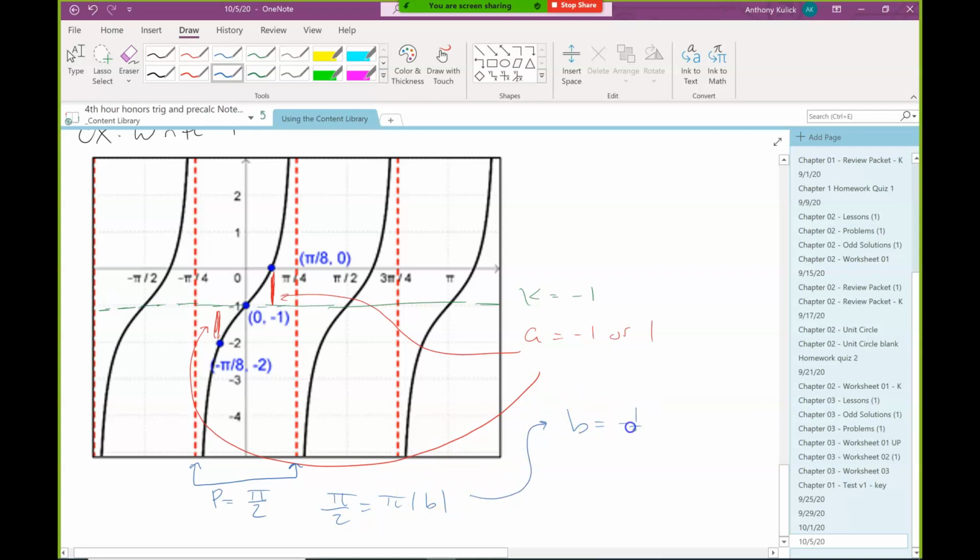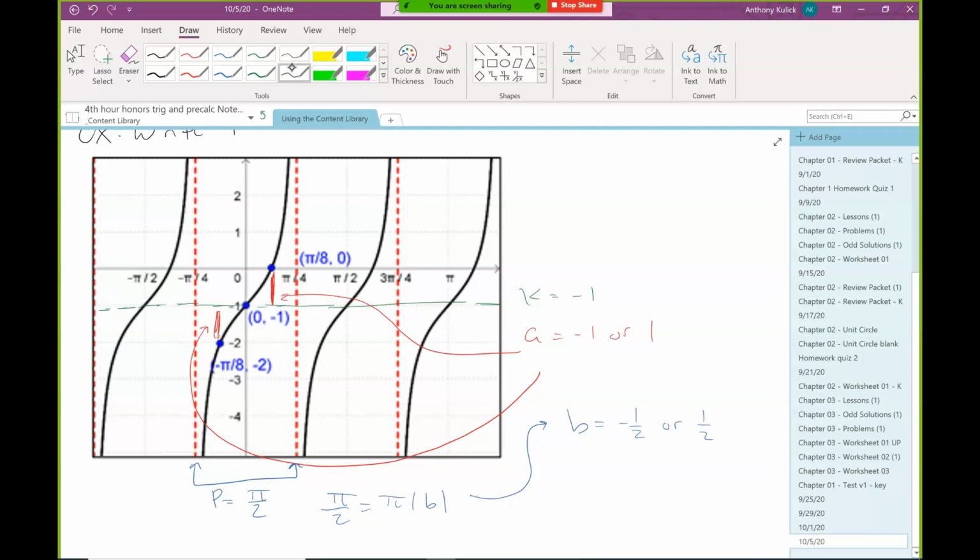So definitely negative a half or positive a half. So far, so good. Feels very similar to what we've done, right? Nothing too tricky so far.